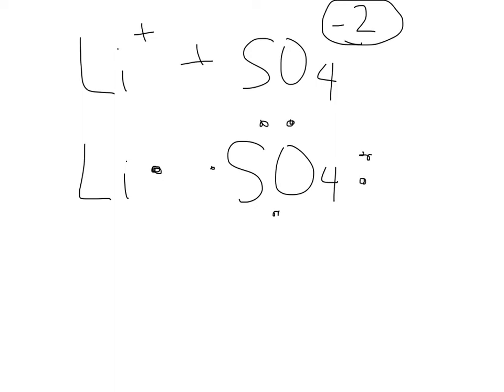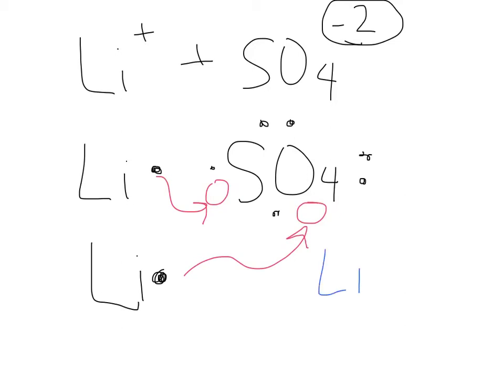So it has holes here and here. Lithium could donate its first electron to fill that hole, but now I have another hole on my sulfate, so I need another lithium with an electron to donate to my second hole. Thus I have 2 lithiums, Li2, and 1 sulfate, SO4.